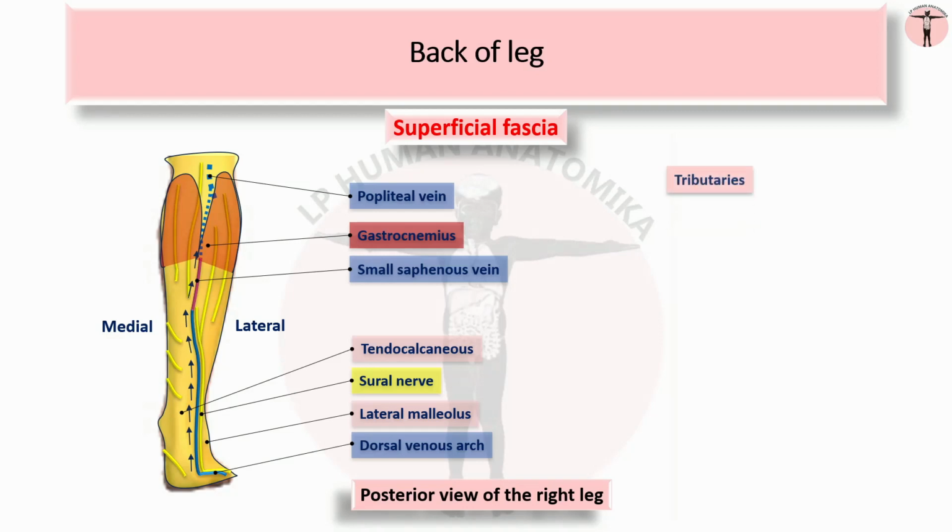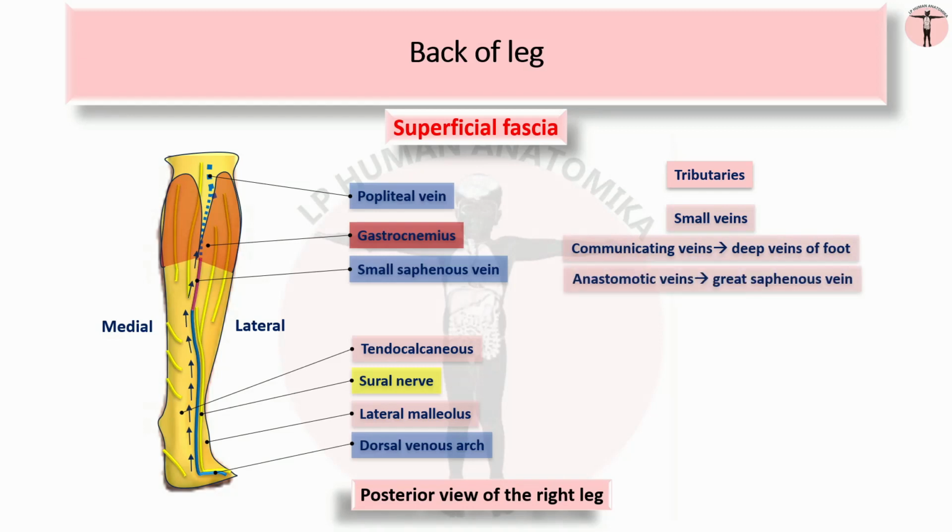The tributaries to small saphenous vein are numerous small veins from the back of leg, communicating veins with the deep veins of the foot, important anastomotic branches that run upward and medially and join the great saphenous vein.